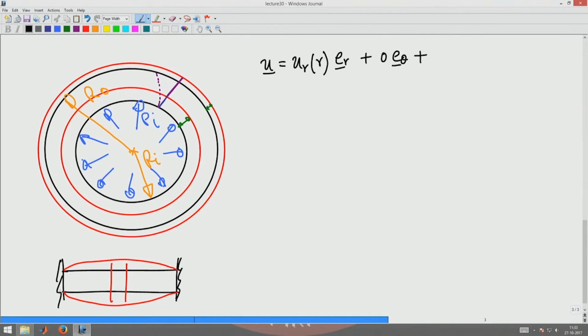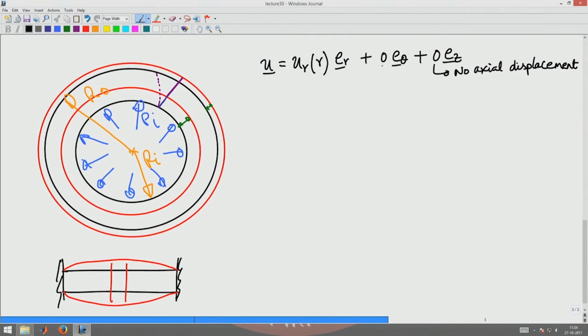Plus I said that I am fixing the length of the cylinder, so there is no length change in the cylinder and hence no axial displacement either, 0 times e_z, since the cylinder is assumed to be fixed at both the ends.